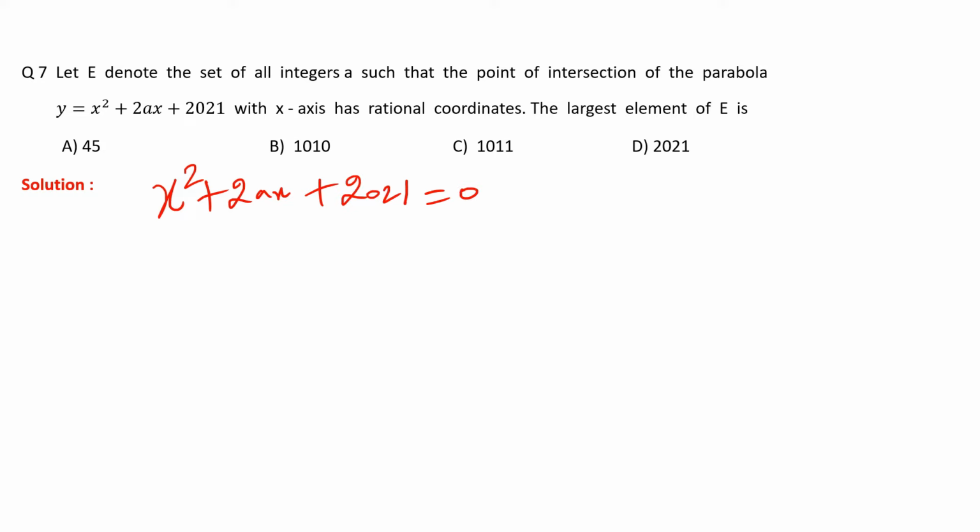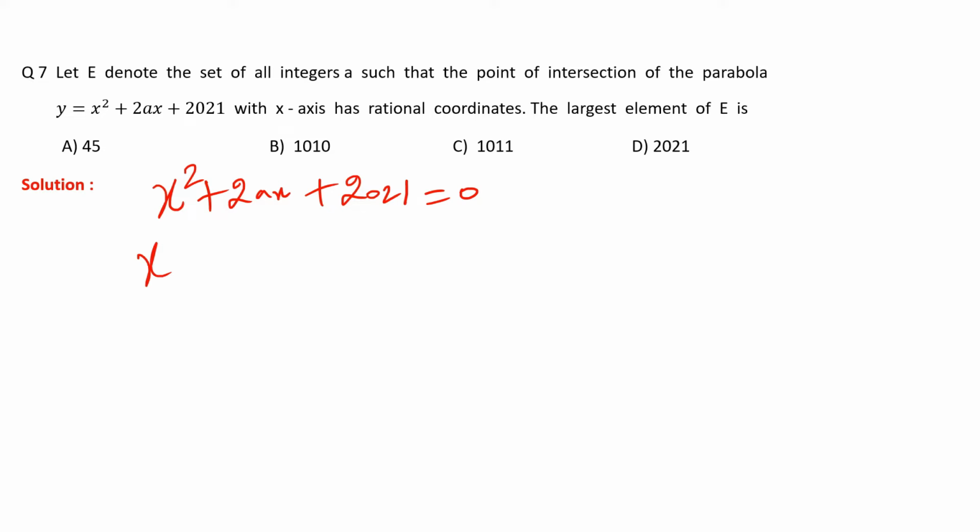From the question, it's clear that the roots of this equation will be rational. That means the value of x we get will be a rational number. And we have to find the largest integral value of a such that the roots of this equation come out to be rational.